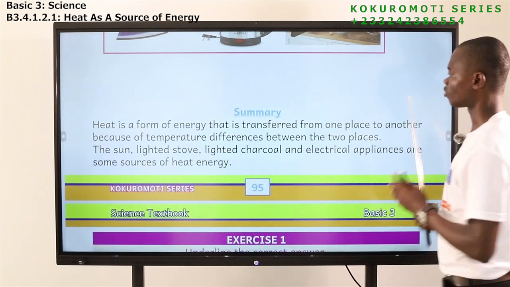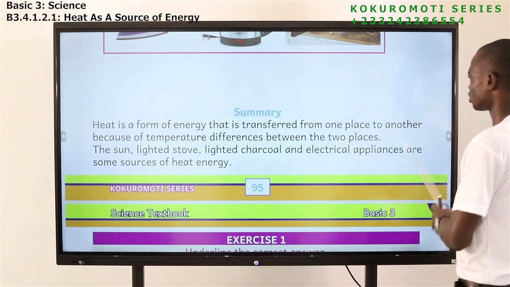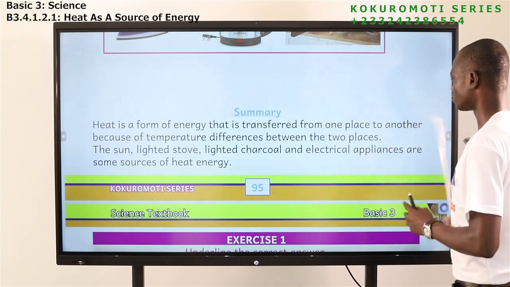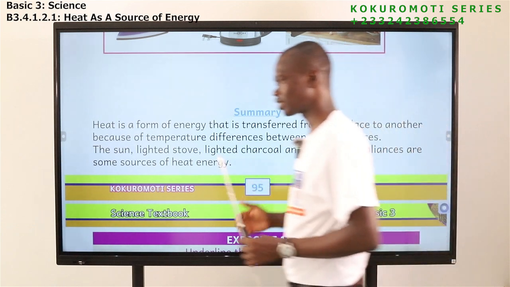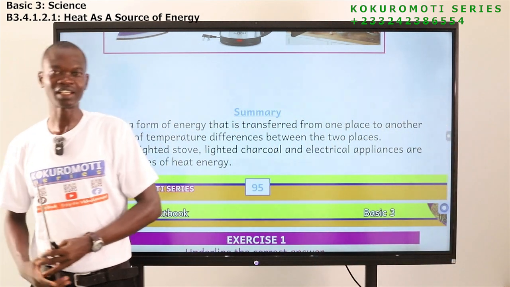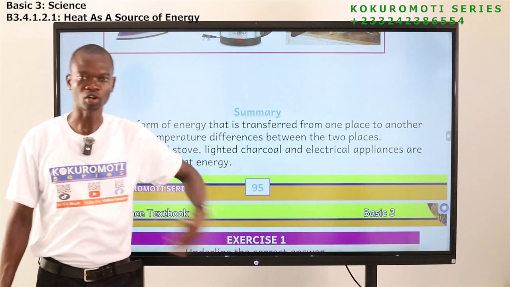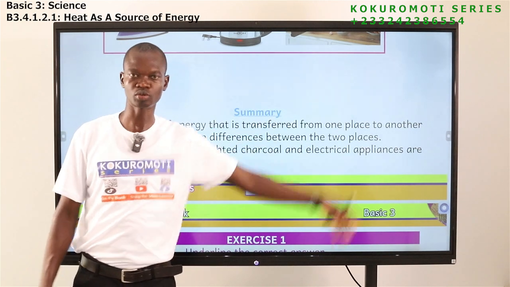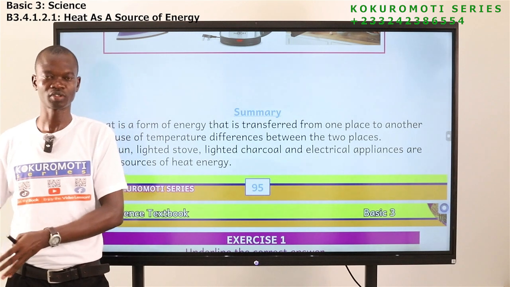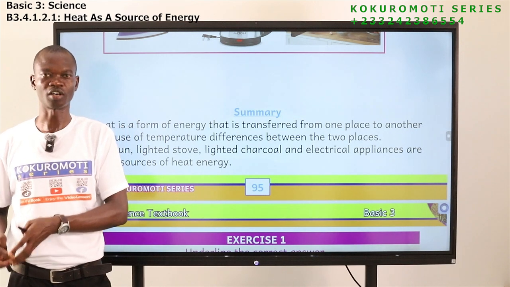Heat is a form of energy that is transferred from one place to another because of temperature differences between the two places. So anytime heat travels, it travels because the temperature at the other end that it is going to is always lower than the temperature of the source of that heat.